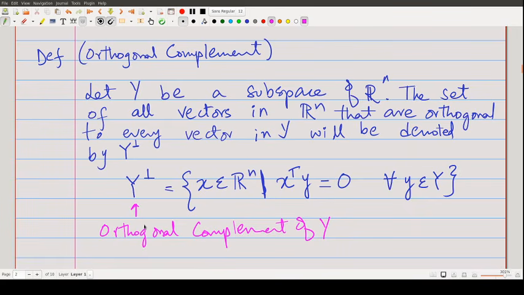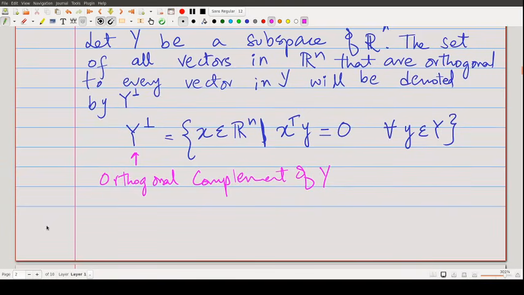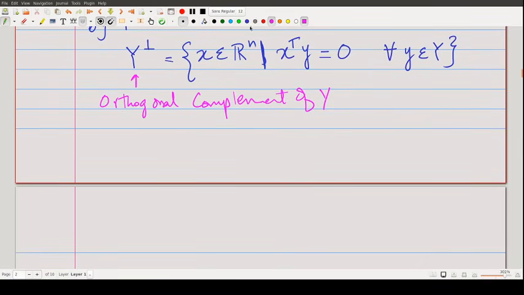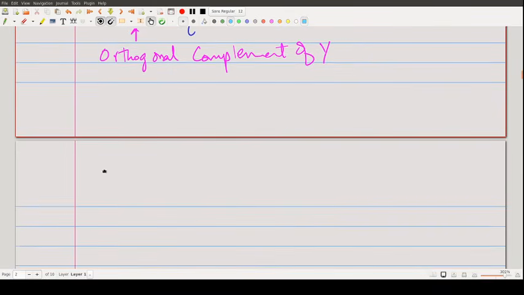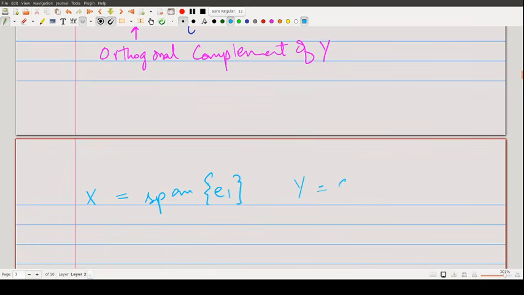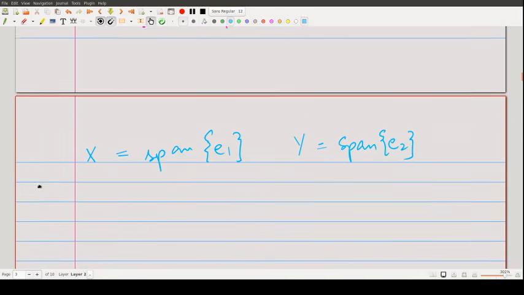Okay, and so for example, consider first what we were looking at. We have X equal to the span of E1 and Y was the span of E2. Notice that these are orthogonal to each other.